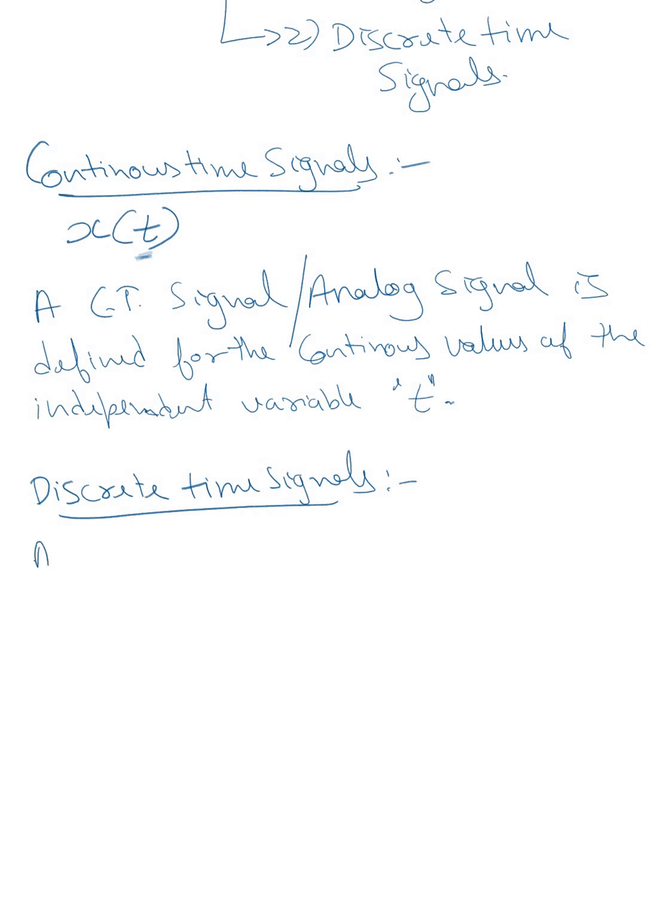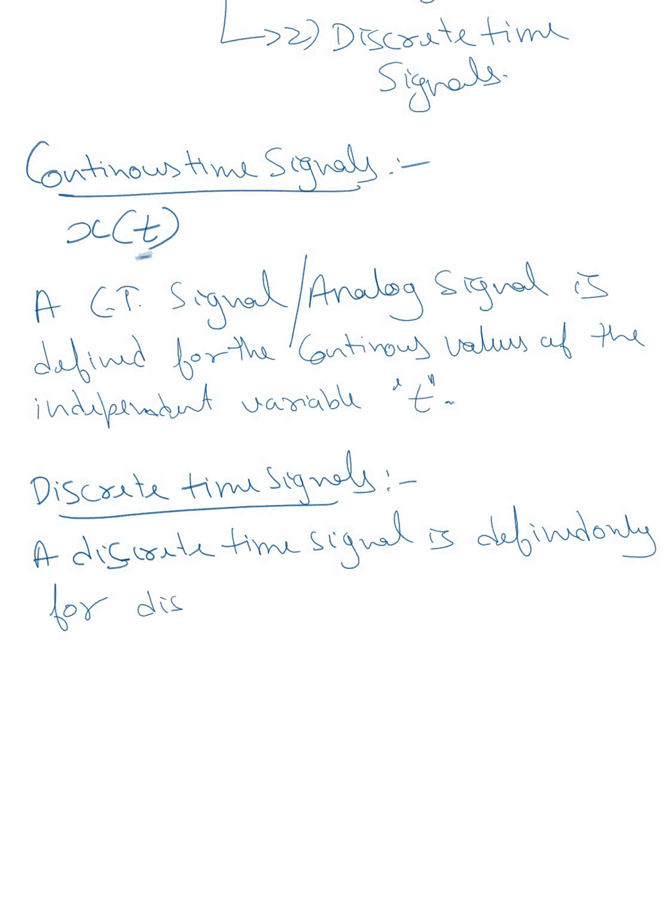That is, a discrete time signal is defined only for discrete time instants. Let us denote the discrete time instants by n.